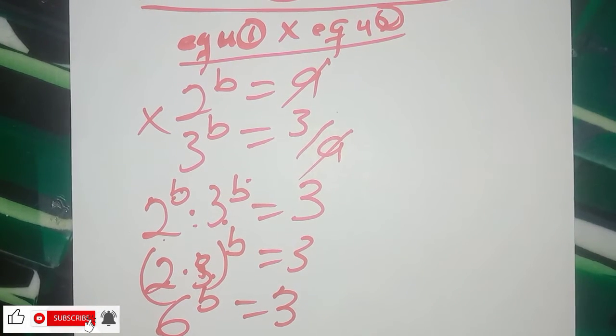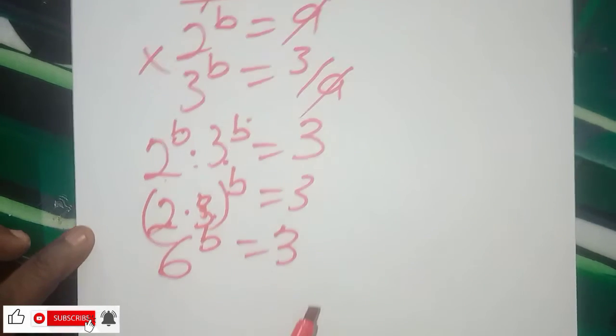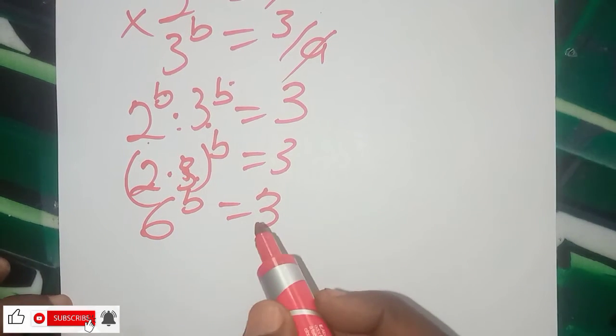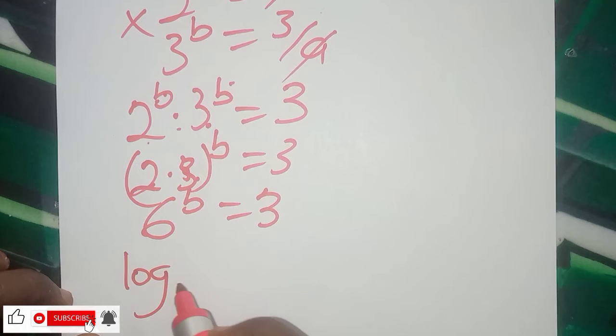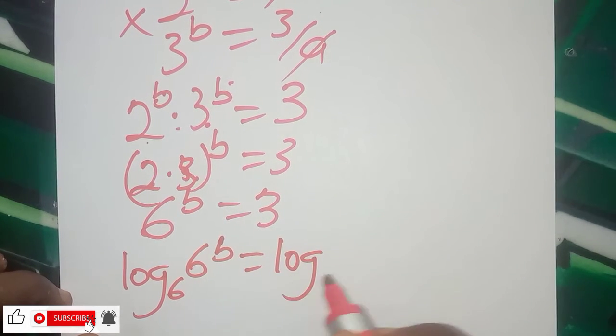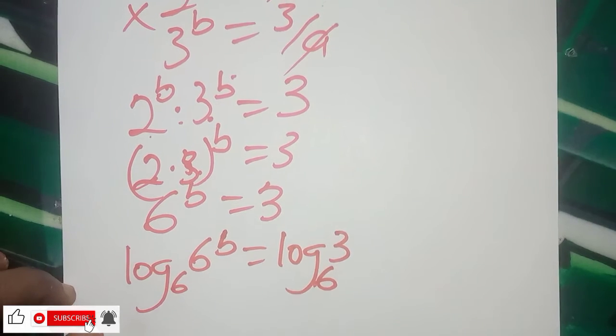And what we can do now is that we can apply log on both sides, but then we can apply log on both sides with a base of 6, to make the work much easier. So for us to find b, we have to apply log on both sides to the base of 6. So I'm going to apply log base 6 here, being equal to the log of 3 base 6 in this case.